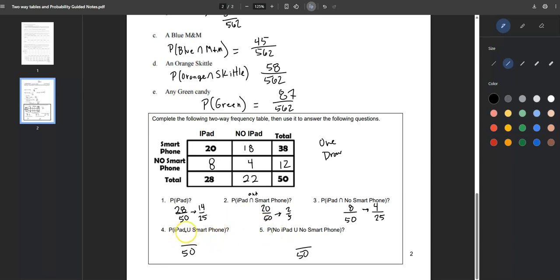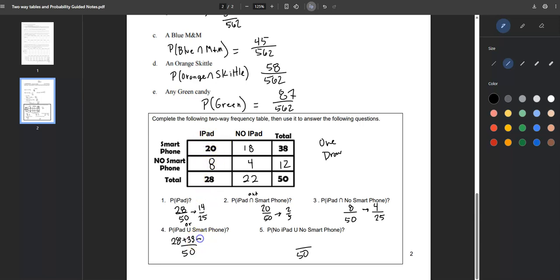Okay, smartphone, and then I've got the union. These ones are a little bit tougher. Remember, these are or statements. So I'm going to add up anybody that has an iPad. Anybody that has an iPad is 28. Anybody that has a smartphone is 38. So I'm going to add those two together. The only problem is I've double counted this 20.